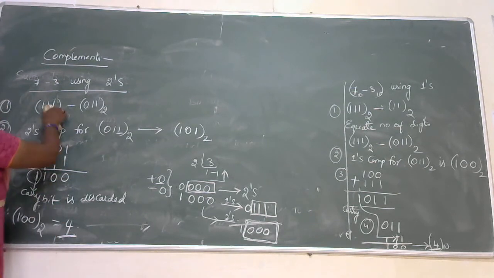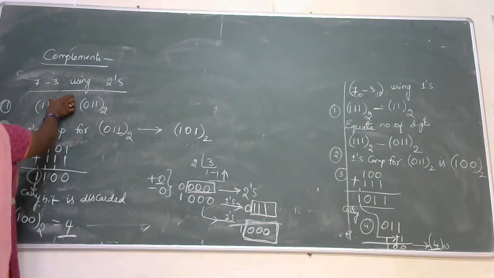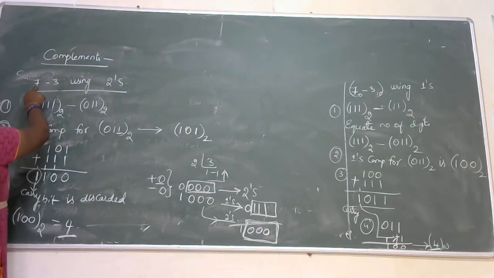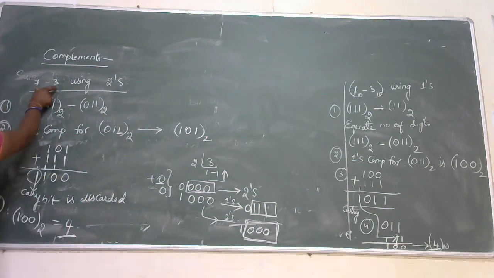Now let us see one more example. In the previous case I took either 1's complement or 2's complement, and I subtracted the highest number minus the lowest number.